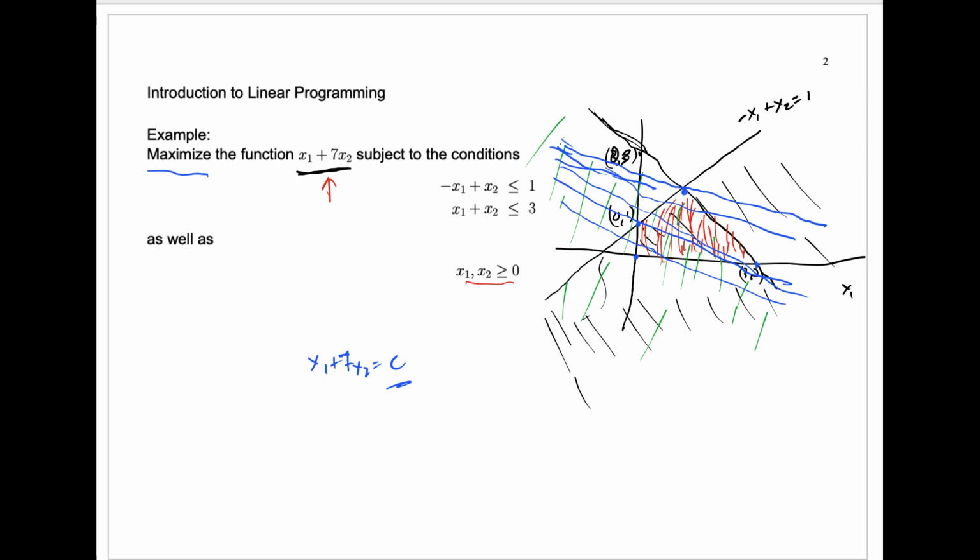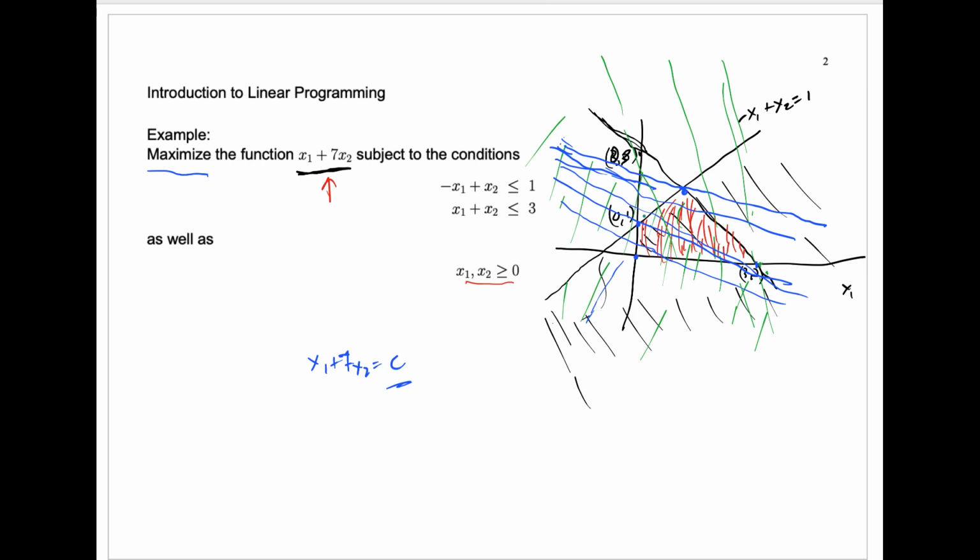And however you draw this line, as you move it upwards, increasing the value of c, the highest point it touches is one of these. Now, it doesn't have to be that one. If the line has a very different shape, just hypothetically, say very steep lines like this, you see that maybe the highest value of c occurs at this vertex.